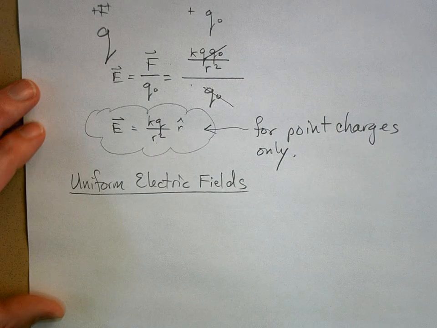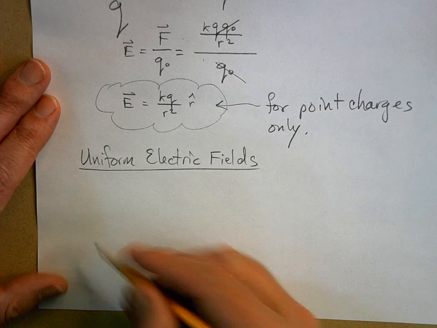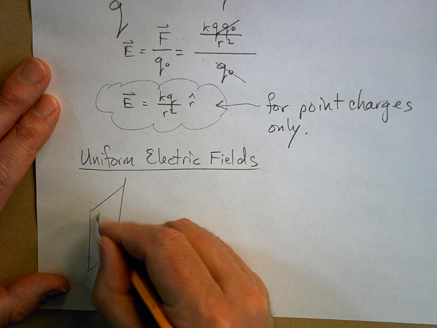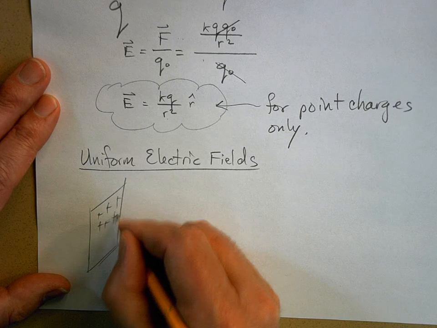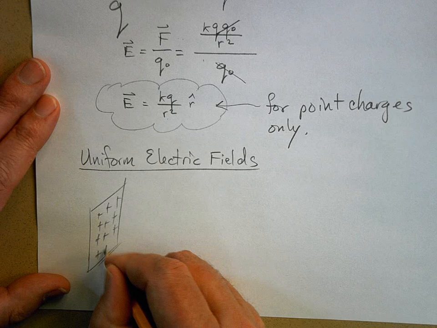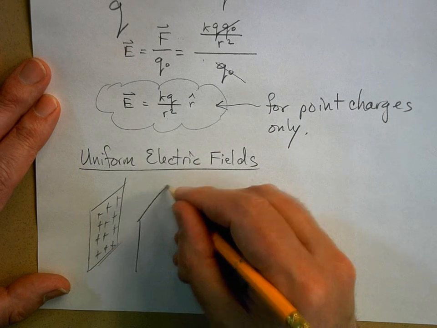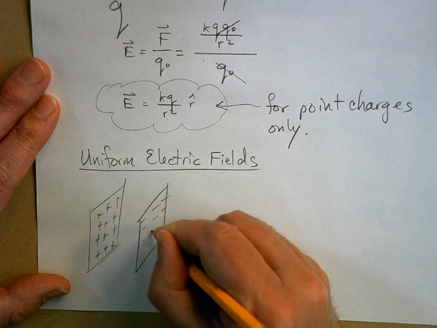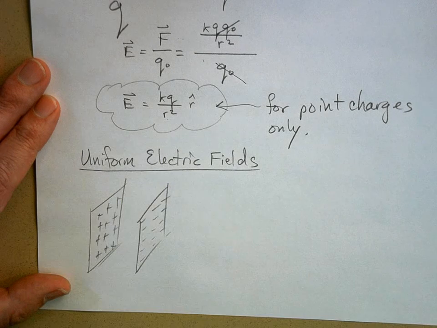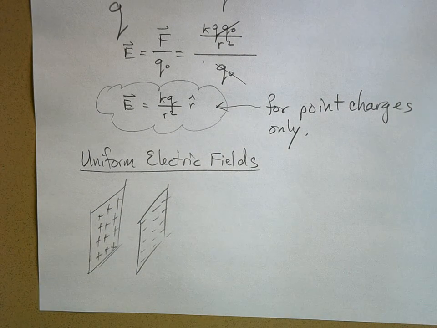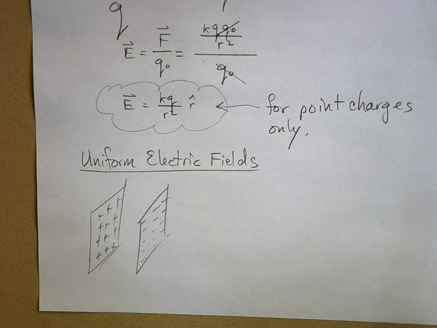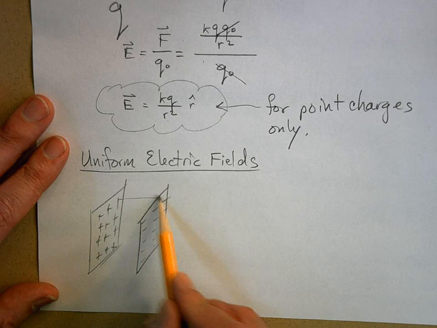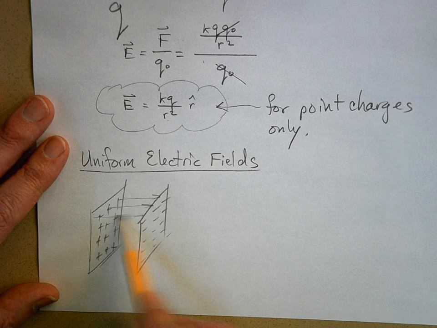Here's what we do. We take a plate of metal and we put charge on it, positive charge. Then we get another plate and we put an equal amount of negative charge on it. Now, if these plates are big enough and close together enough, what we get are electric field lines between the positive and negative charge.